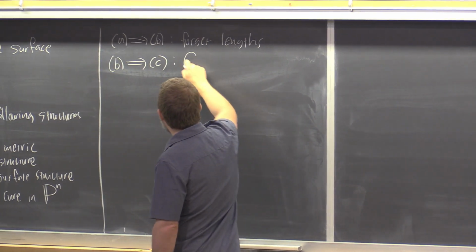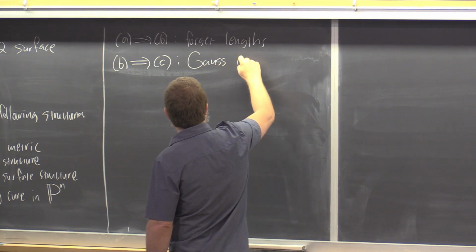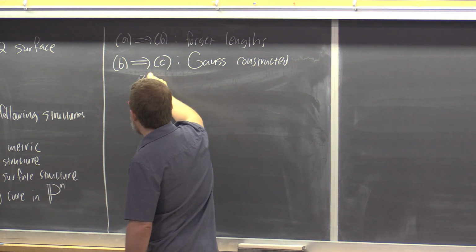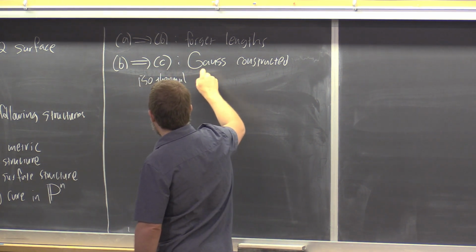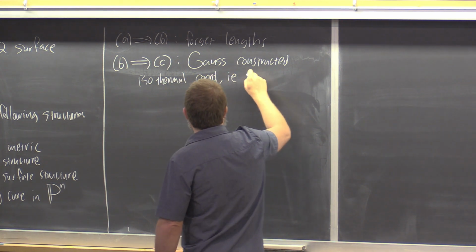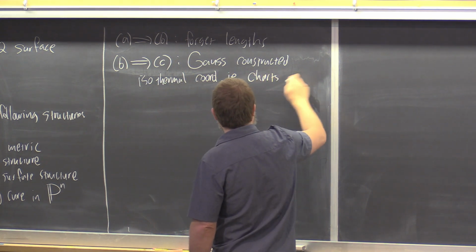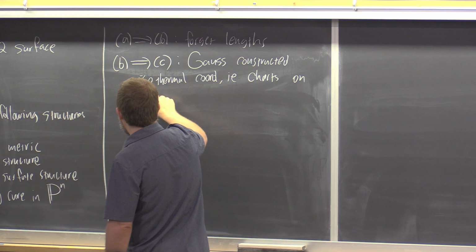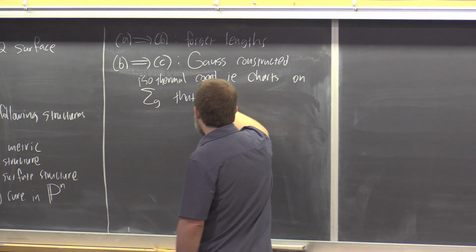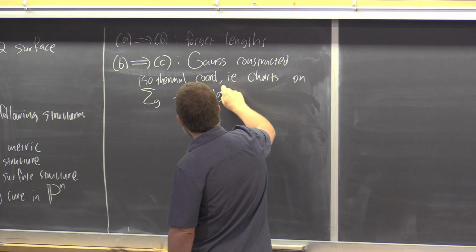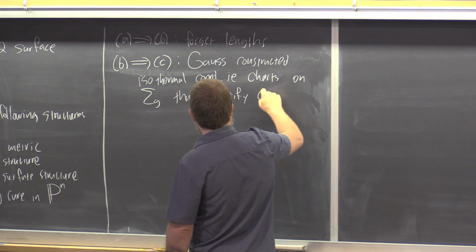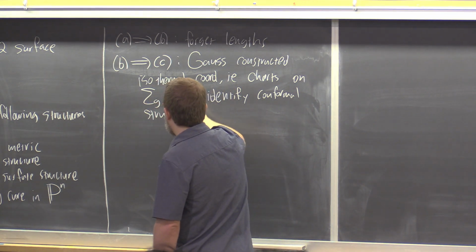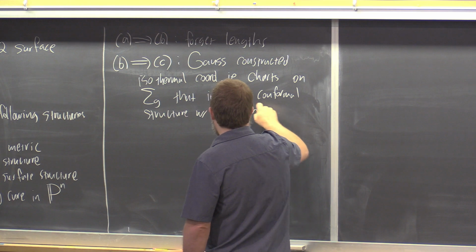So Gauss constructed isothermal coordinates, i.e. charts on sigma G that identify the conformal structure with that on the complex plane.